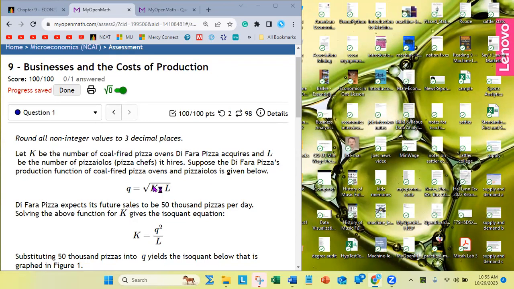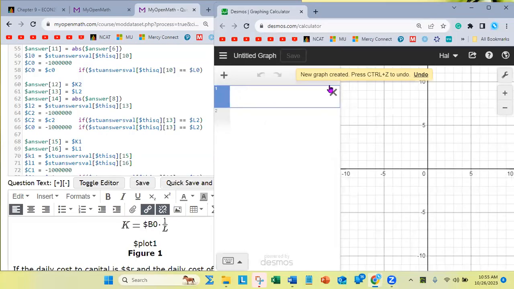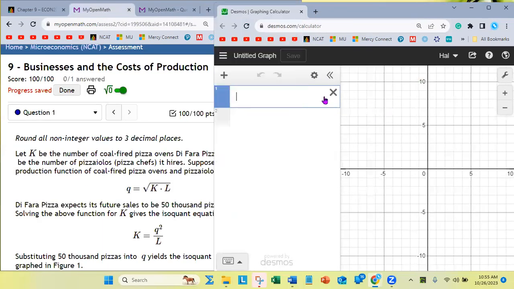Well, in the short run, we hold capital constant, and as L increases, Q will increase, but at a diminishing rate. Let me show you that. I got my production function here, right? I got Q equal to the square root of capital times labor.